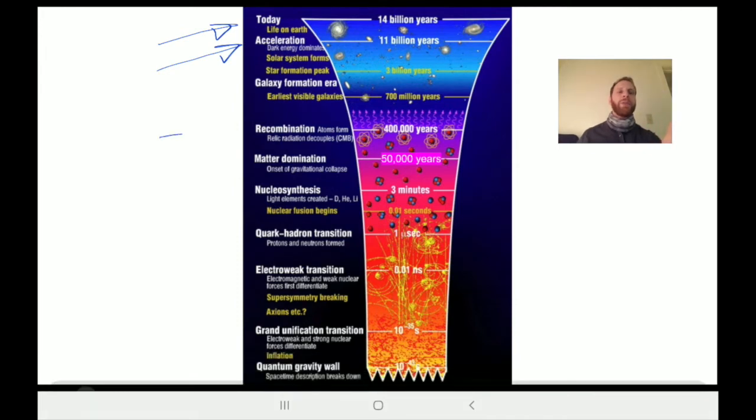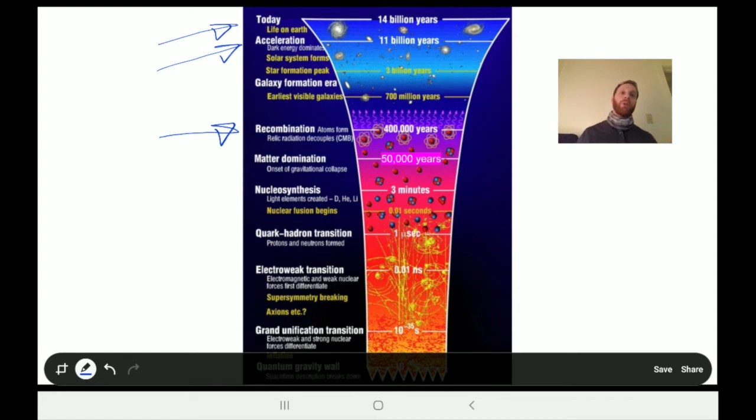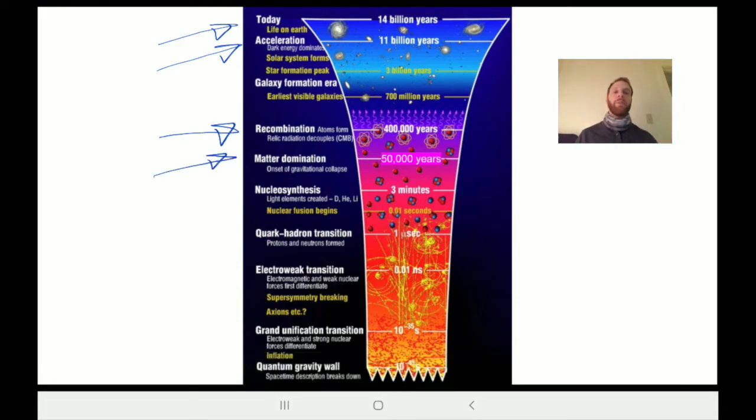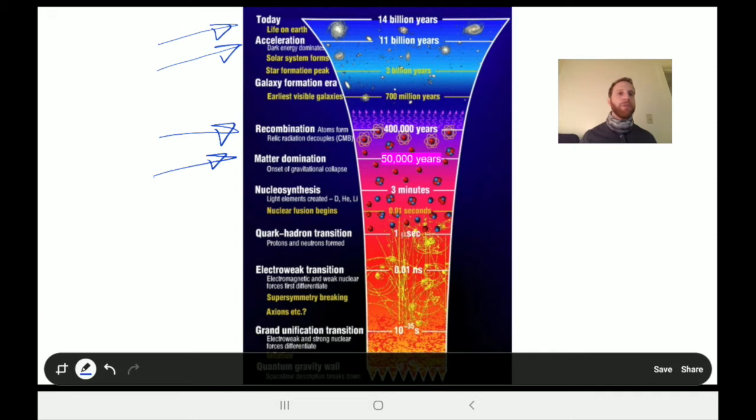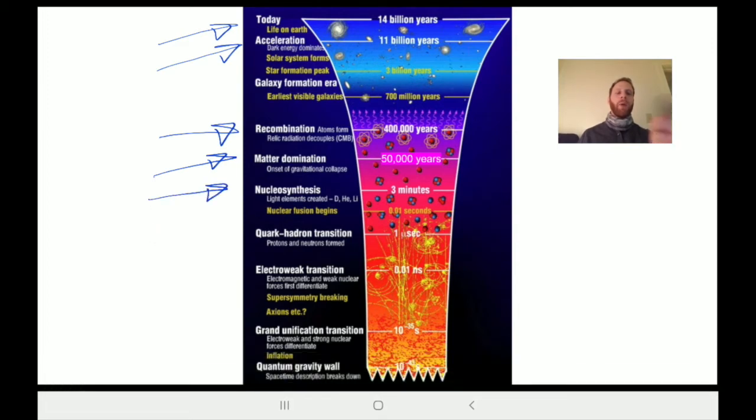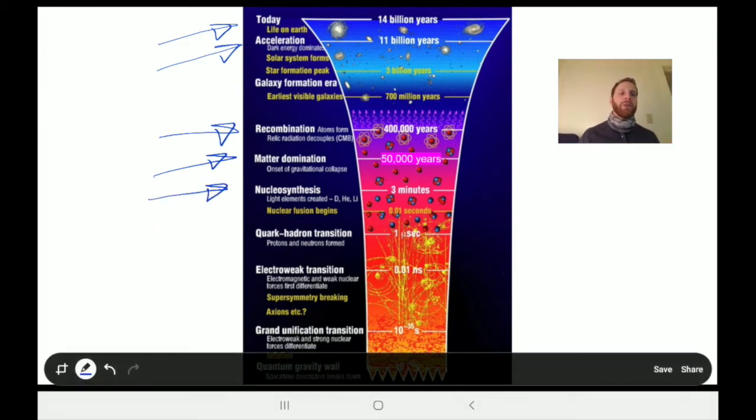Going back to where the CMB was formed, that's here. And even earlier was when finally radiation started becoming less important. Matter started dominating. That occurred about 50,000 years after the Big Bang at a redshift of about 3,600. But much earlier on, we're talking not years or even months or days, but minutes after the Big Bang. That's when primordial nucleosynthesis occurred, and that's what this whole chapter is about.